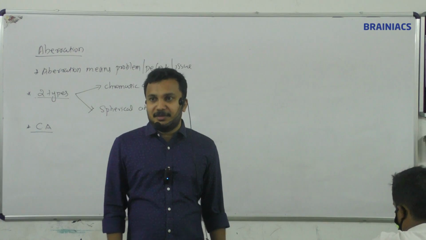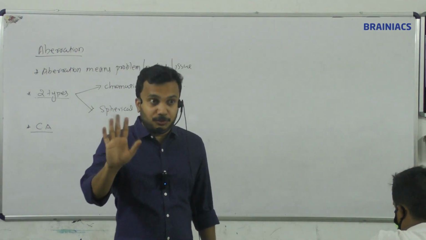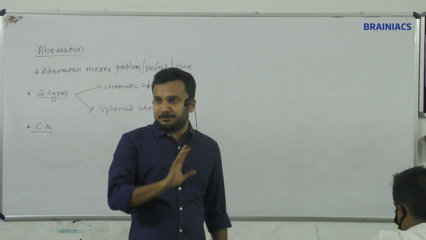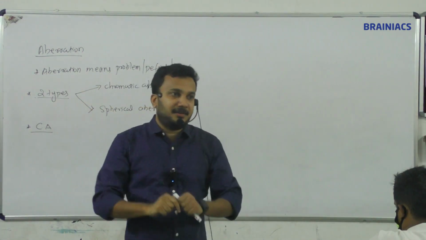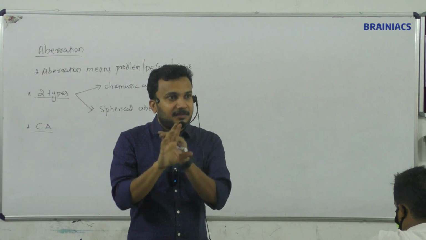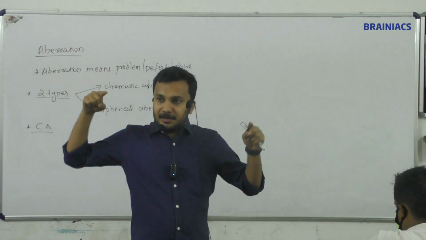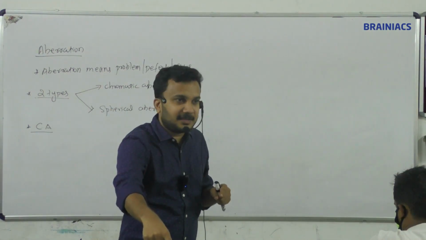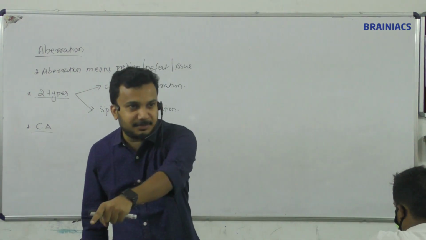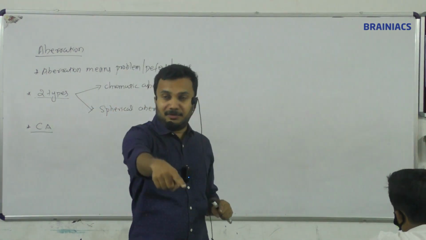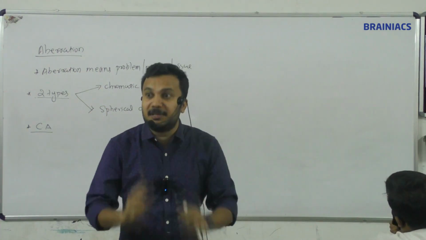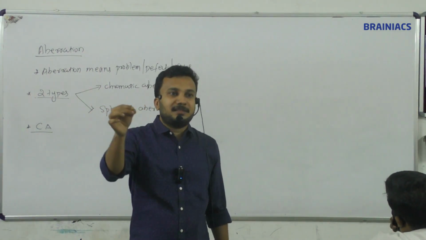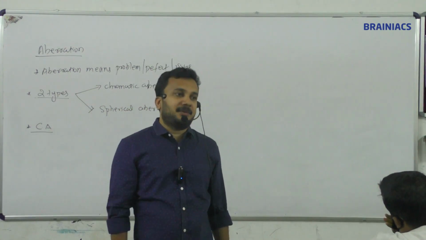Chromatic aberration. So a lens is not supposed to behave like a prism. In a lens, all colors should meet at one point, and there is no aberration. If violet meets at one point on the principal axis, indigo at another, red at another, and all colors split, we say the lens has chromatic aberration.